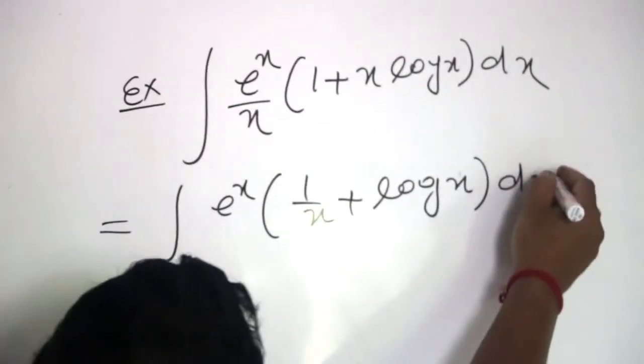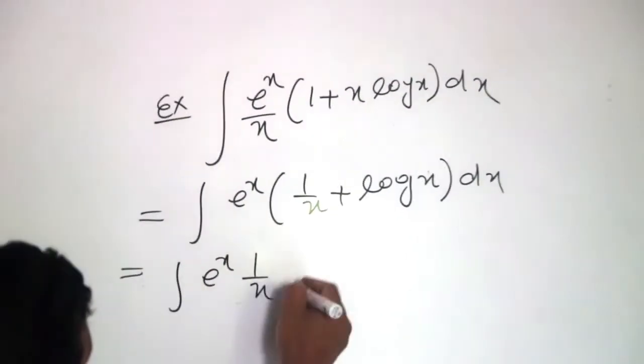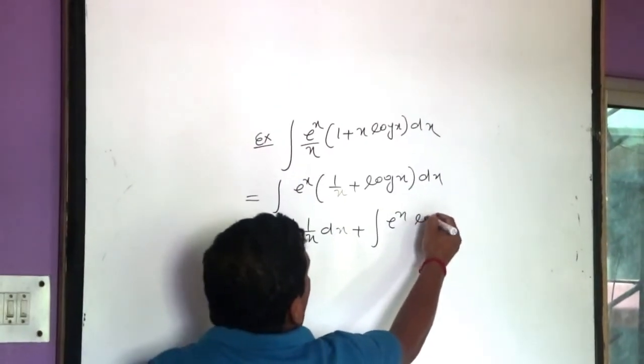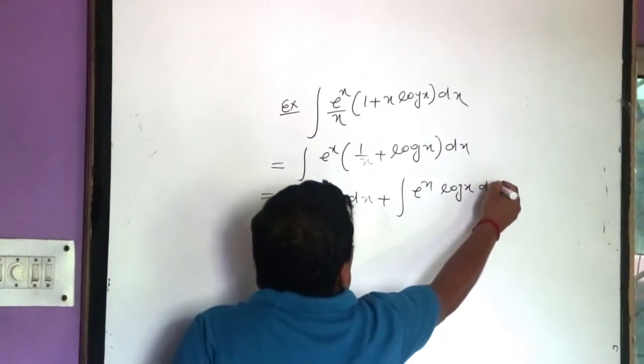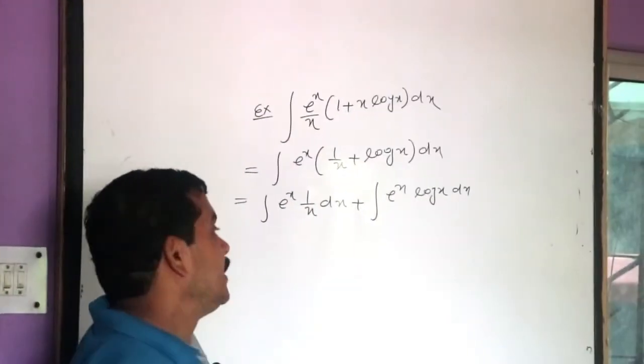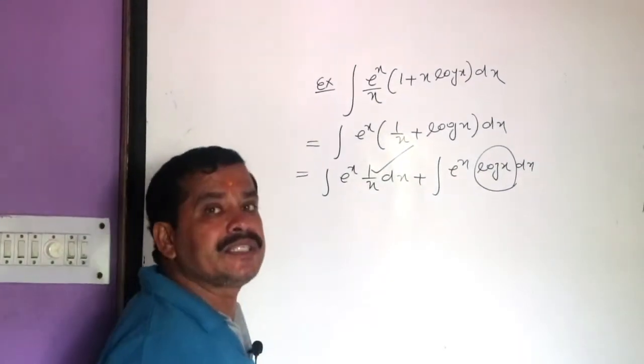We have to separate these two integrations. One is e to the power x into 1 by x dx and another is e to the power x into log x dx. First we have to choose which one is the function and which one is the derivative. If log x is the function, 1 by x is its derivative.